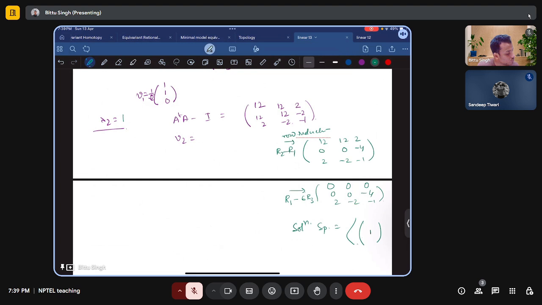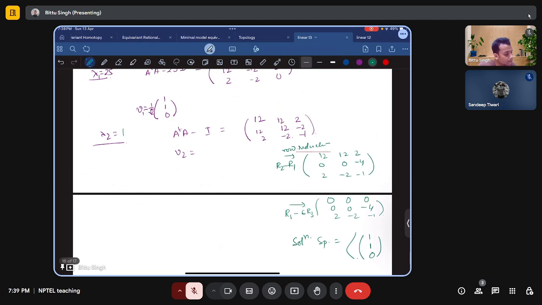We will choose 1. If we choose 1, the third is definitely 0, because minus 4 times something is 0 implies that it will be 0 itself. So if the second one is 1, that is minus 2, then the first one will also be 1. So 1, 1, 0 is the solution.